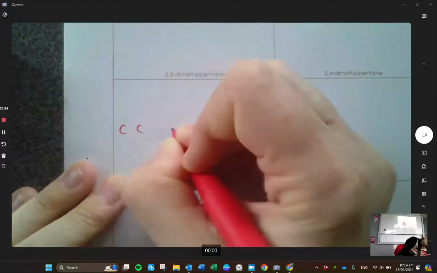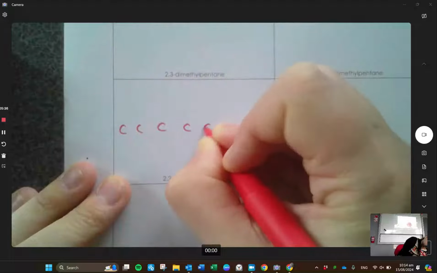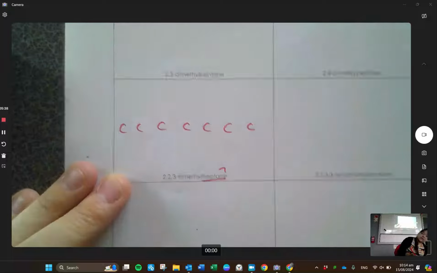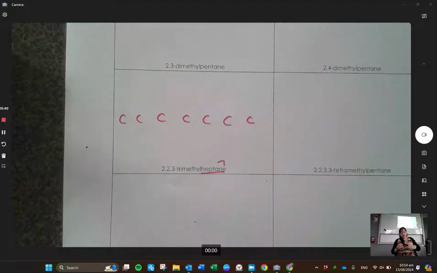1, 2, 3, 4, 5, 6, 7. I'm not putting the hydrogens in because I'm mindful I have branches. The next thing I think about is what are the branches, where are they located, and how big are they?